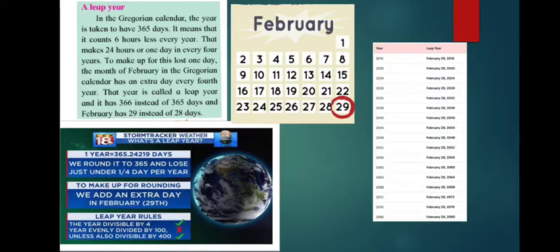So to make up for rounding, we add an extra day, February 29th. And the leap year rule: the year is divisible by 4, evenly divided by 4, unless it is also divisible by 400. I have tried to give you a little extra information so you will get an idea about it.